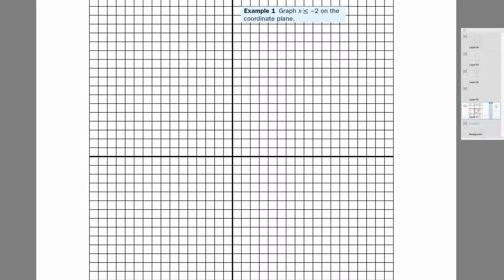We know that x is equal to negative 2, so that's a vertical line. Here's 1, 2, so y could be 0, y could be 4, y could be anything as long as x is always negative 2, but it's less than or equal to.